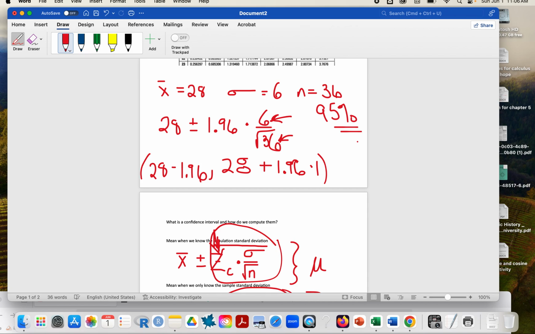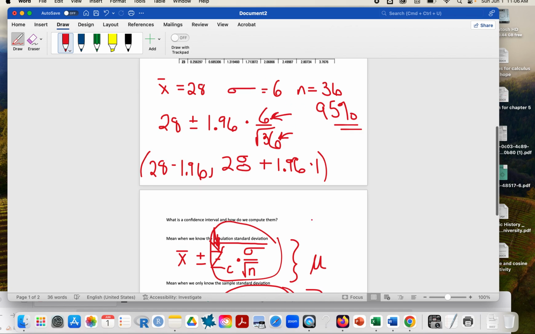Our population standard deviation is 6. Our sample mean is 28. Our n is 36. And it says C-level. It's already set to 95. You might have to change it because somebody might have used your calculator or you bumped something, but then you hit calculate and you're going to get 24.06 and 29.96 for the Z interval.